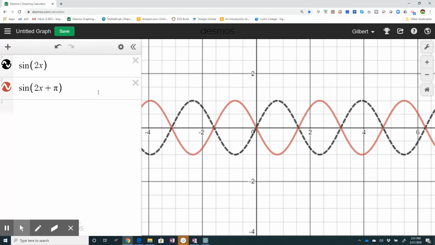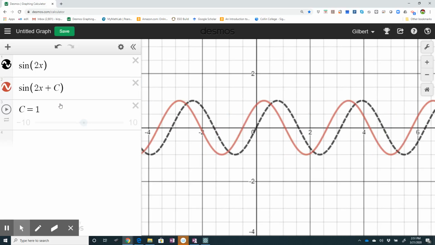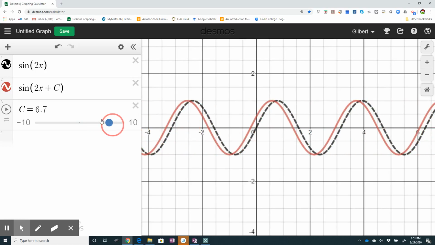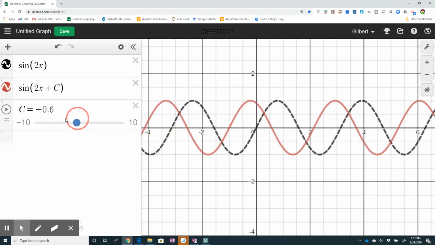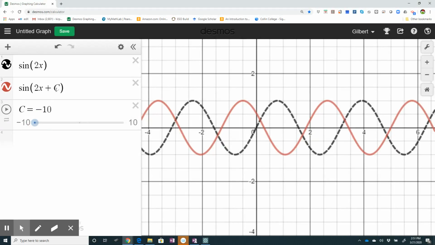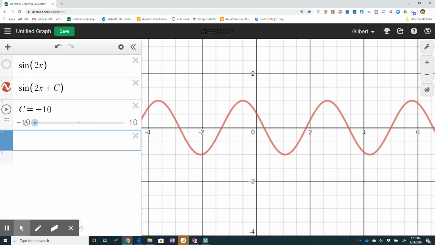All right. So the phase, I'll put plus c, is just how the function changes from its original, or from the bx form. How much did it shift from sine of 2x? Whereas the horizontal shift is how much does it change compared not to sine of 2x, but compared to just sine of x.